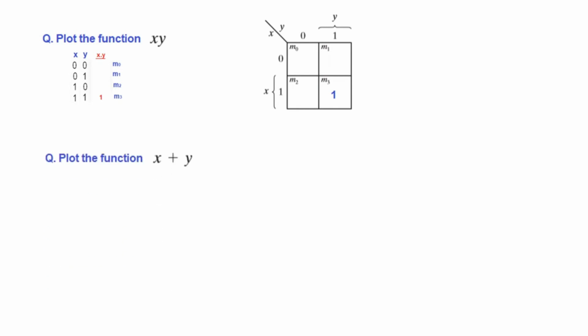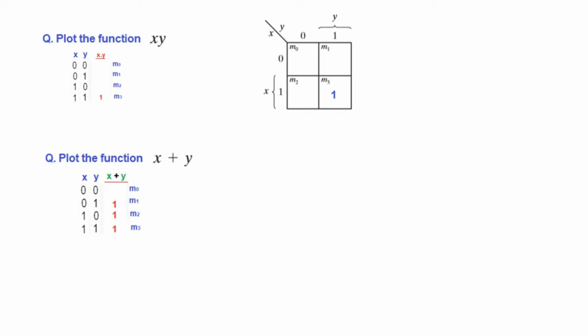Now let's plot another one. This is not AND, this is the OR function, x or y. We'll again take help of the truth table. For x or y, I'm sure you'll recall that it will be 1 when any of the variables is 1. So when y is 1, it is 1.